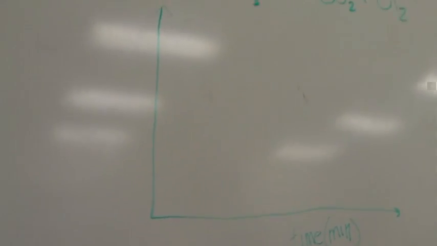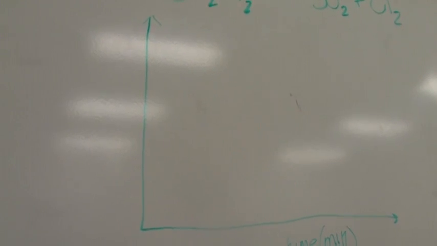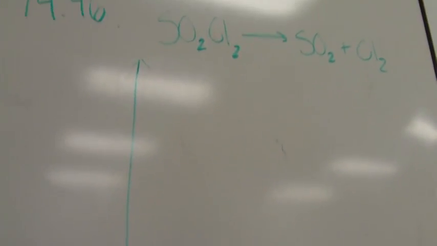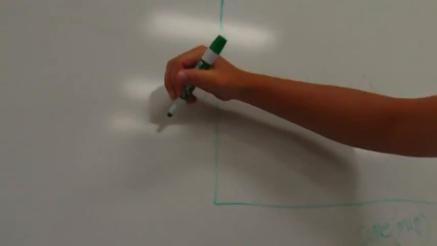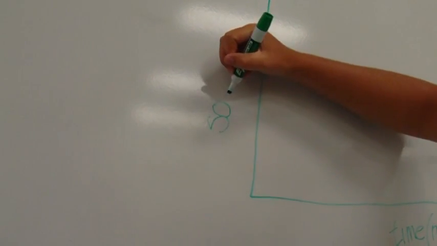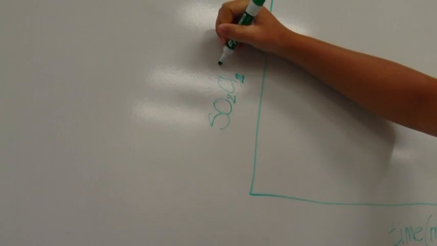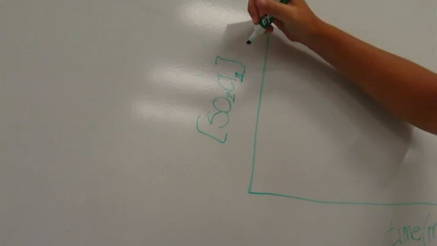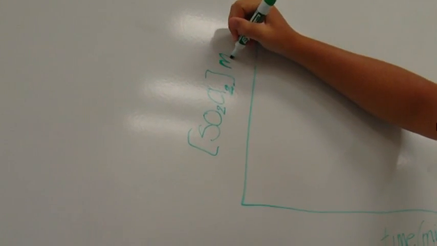And then they want the concentration of the sulfur chloride, SO2Cl2, on the y-axis, and the units for that are going to be moles per liter.